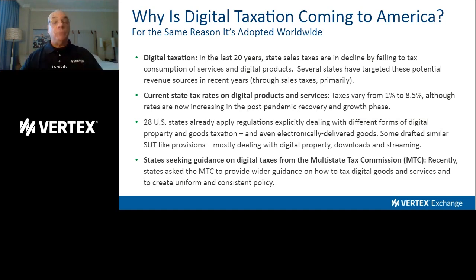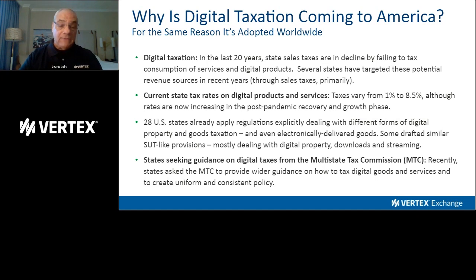However, this is moving on. Current state tax rates on digital taxes and products vary from 1% to 8.5%, but these will be increasing. And remember, this is without advertising and other more advanced digital taxation, by which I mean European style models. So 28 US states already apply regulations specifically dealing with different forms of digital property and goods, and you will see them in a second.